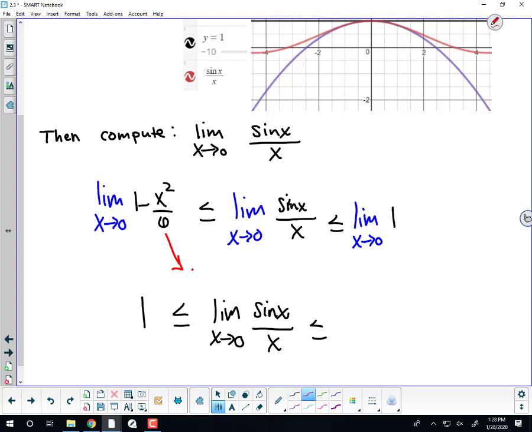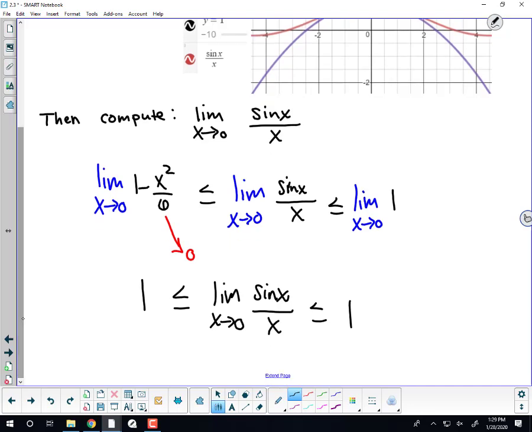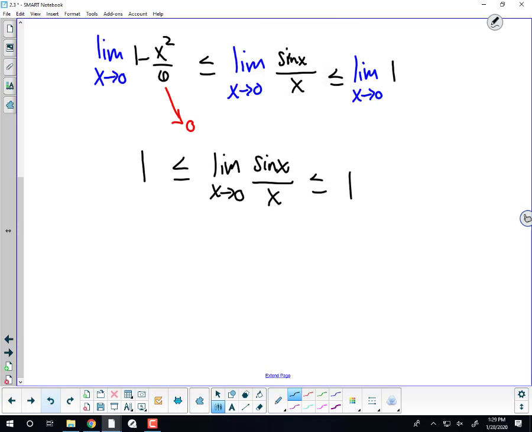Remember, the limit of a constant is always the constant. So this is also 1. Based off of our work, this limit is also 1.